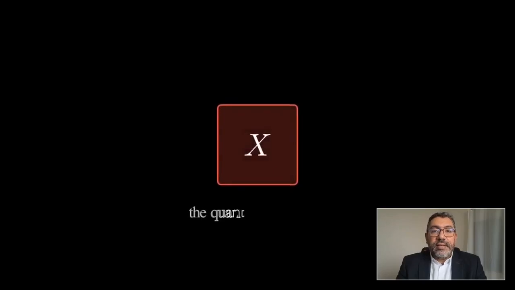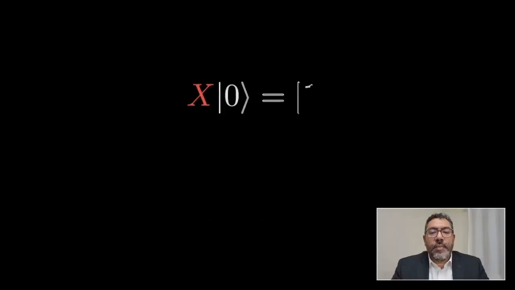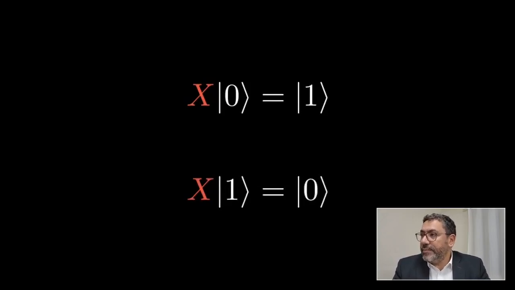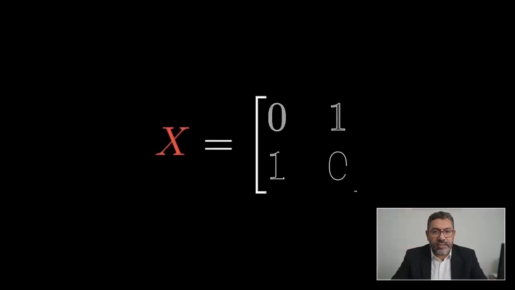The X gate is the quantum version of a NOT gate. It changes ket 0 into ket 1 and ket 1 into ket 0. Its matrix looks like this.